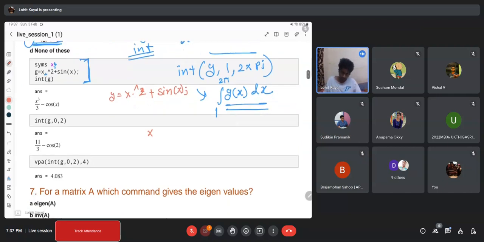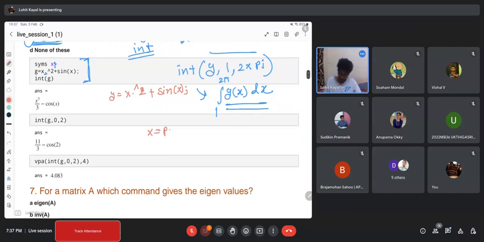If x is a single number, then we don't have to put this dot. We can just write g equal to x square plus sine of x. Now suppose you are told to find the value of g at various points, say at pi by 2, at pi by 4, and so on, so many values.